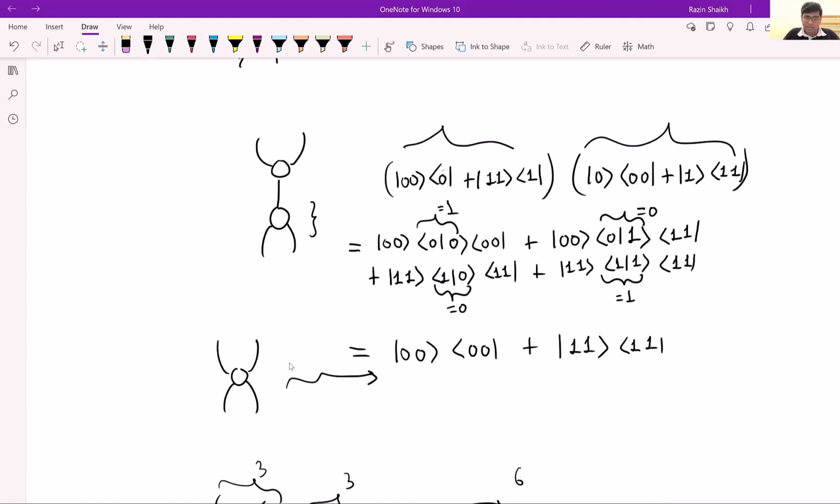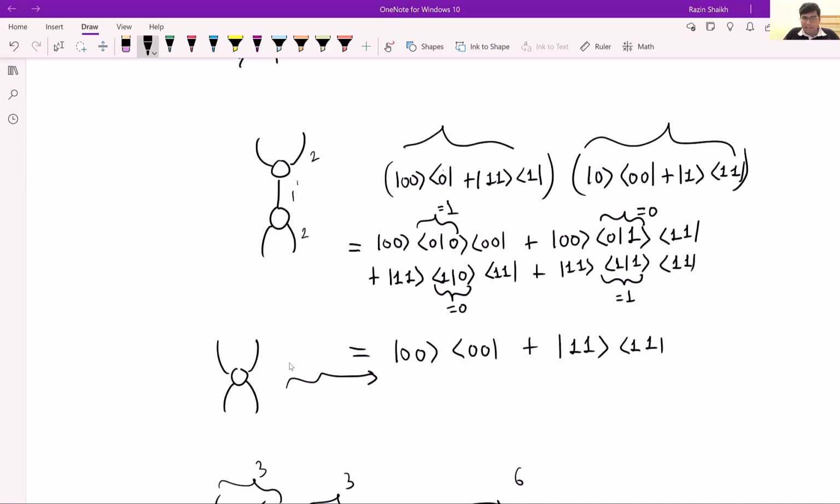So for this concrete example of a 2 inputs, 1 output spider and a 1 input, 2 output spider connected like this, we obtained this result, which is the same as the bracket expression for a spider with two inputs and two outputs.